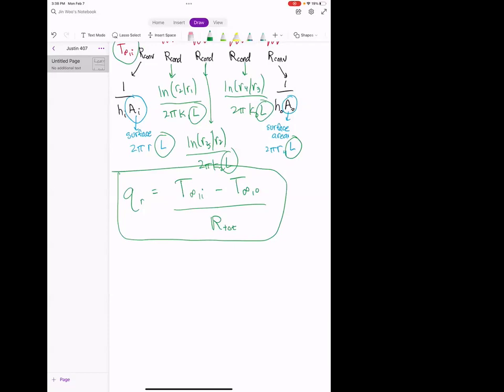Okay. There's one more topic I want to go over. I don't think we'll have time to finish it, but I'll go ahead and introduce it. It has to do with that exact fact that as we increase the radius, we are changing surface areas.